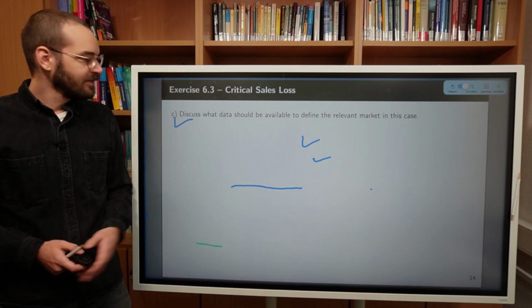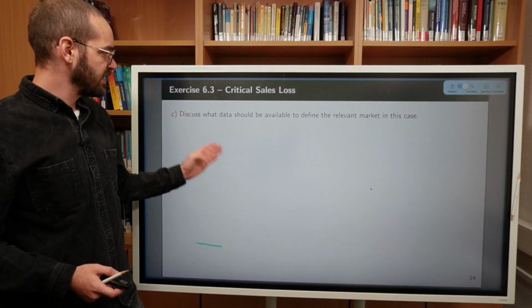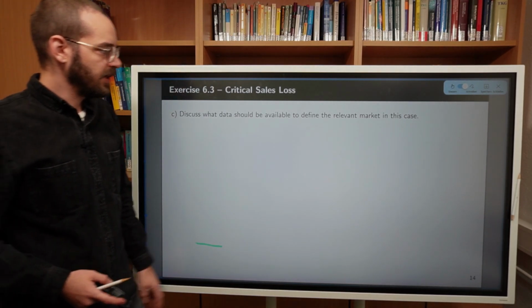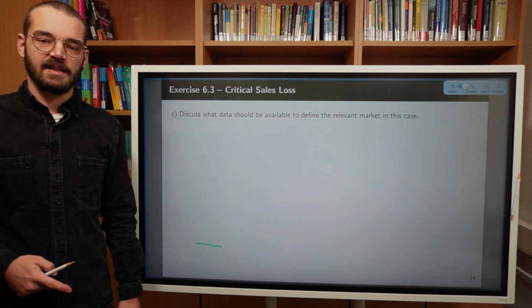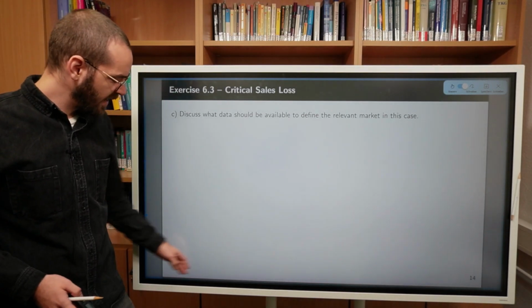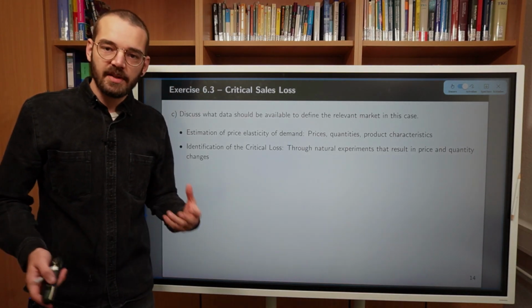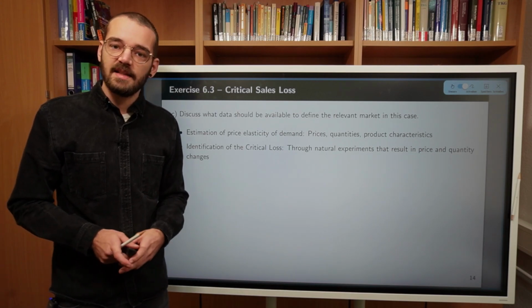All right. Now, in the next exercise, we are asked to discuss what data should be available or needs to be available if we want to define the relevant market in this case. That, of course, depends on whether or not we want to talk about the critical sales loss or the critical demand elasticity.